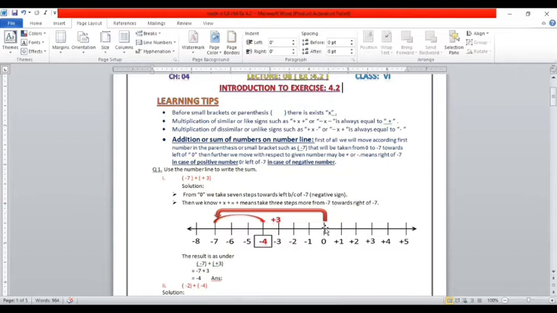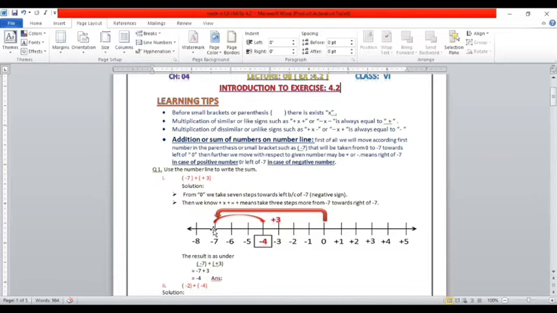I will consider the 0 position and show the minus 7 by drawing an arrow towards the left side of 0. I will take 7 steps towards the left from 0, like 1, 2, 3, 4, 5, 6, 7. Now I am standing at the minus 7.